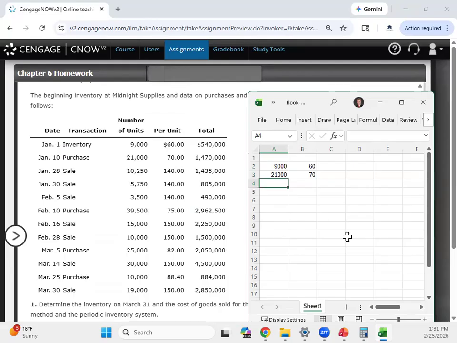Then we had another purchase of 39,500 at $75. We had another purchase of 25,000 at $82. And then a purchase of 10,000 units at $88.40.